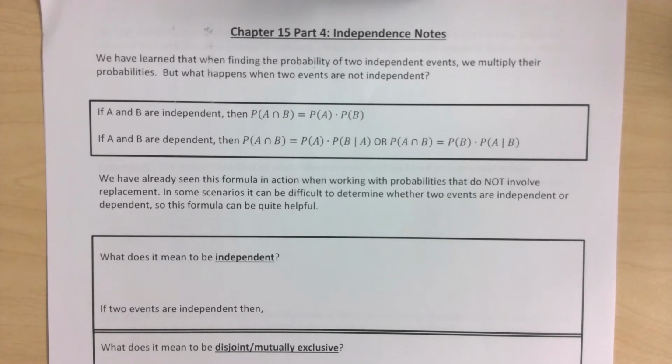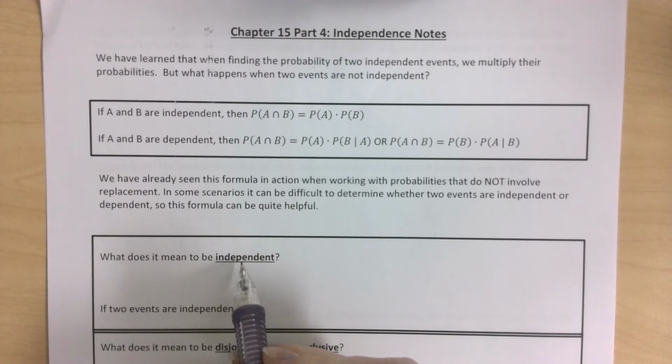In some scenarios, it can be difficult to determine whether or not two events are independent or dependent, so we'll talk about a few formulas here that can be quite helpful. So the first part here, what does it mean to be independent?